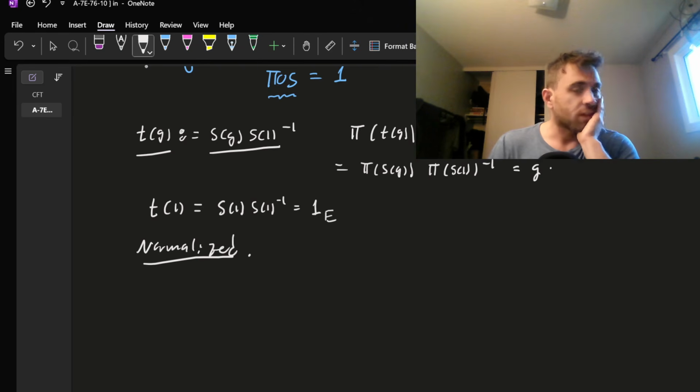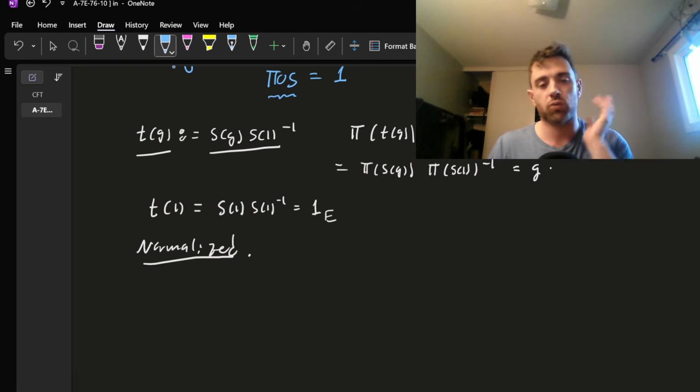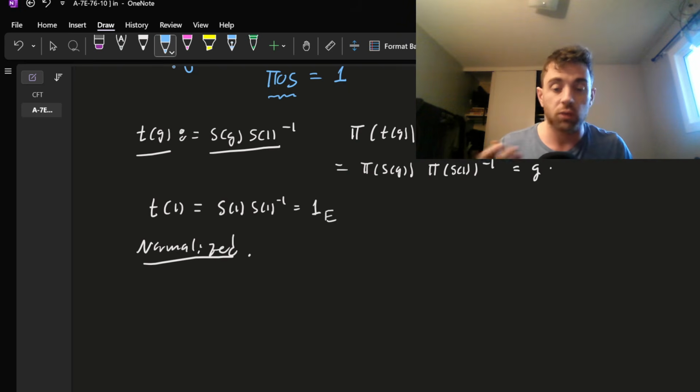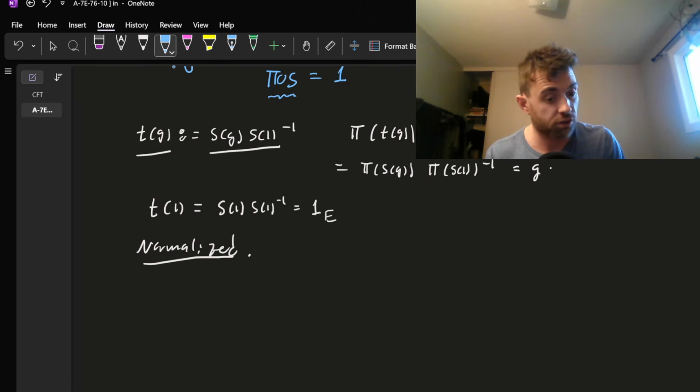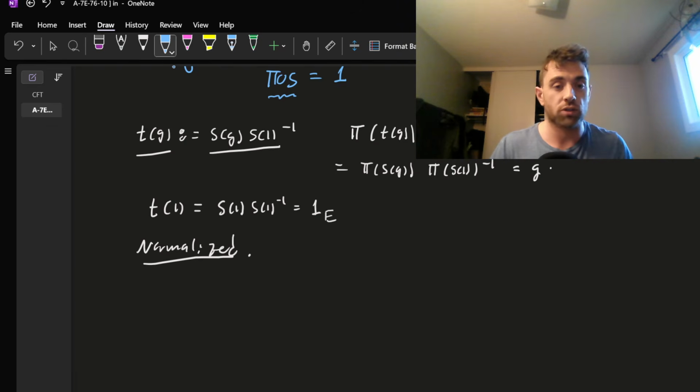Okay. Now, if S were a group theoretic section, right? So we want to account for the case when S is a group theoretic section, or rather, we recognize that there's a possibility that it may fail to be. We know it's surjective, so there has to be a set theoretic section. But if we're accepting the fact that it can fail, sometimes when something fails in mathematics, we want to measure that failure.